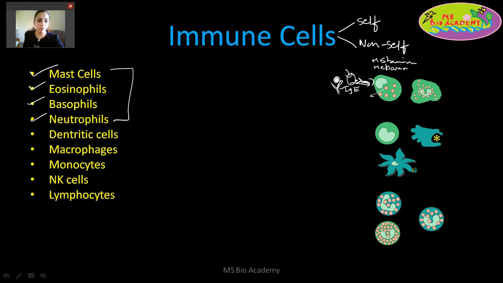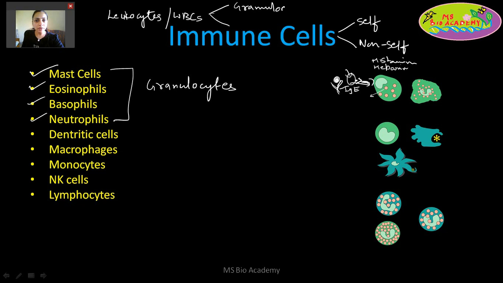So basically these four are categorized as granulocytes. I told you earlier that leukocytes, or WBCs in general, are categorized into two, granulocytes and agranulocytes, depending on whether granules are present or not when you see them under the light microscope, right?